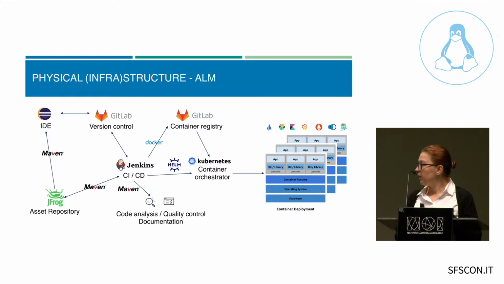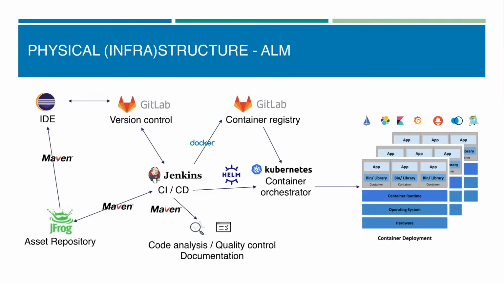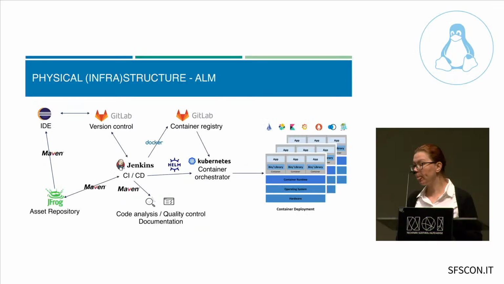Maven performs code analysis, quality control, documentation, unit testing, and so on. And then through some scripts, we launch Docker commands and Kubernetes commands to deploy our pods in our Kubernetes environment.